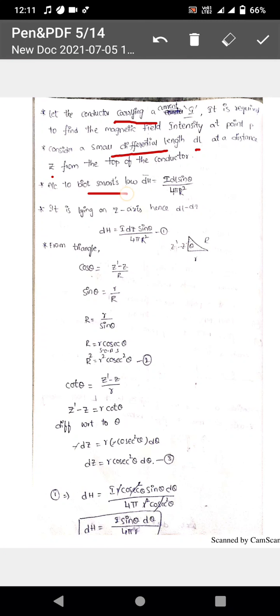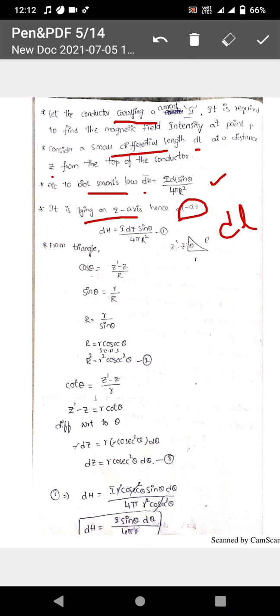Now according to Biot-Savart law we know that dH equals I dl sin theta by 4 pi r square. That formula we have to remember everywhere. It is the product of I into dl sin theta, inversely proportional to r square. If it is lying on the z axis, then dl equals dz.